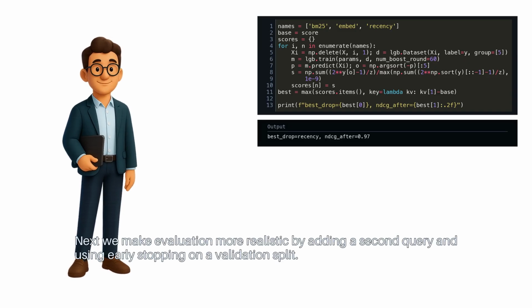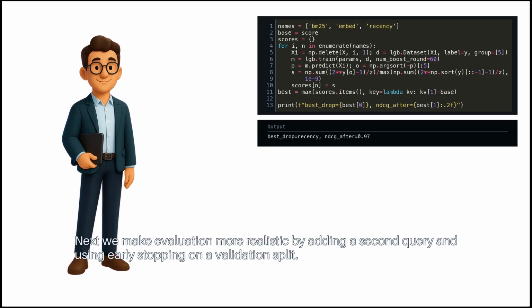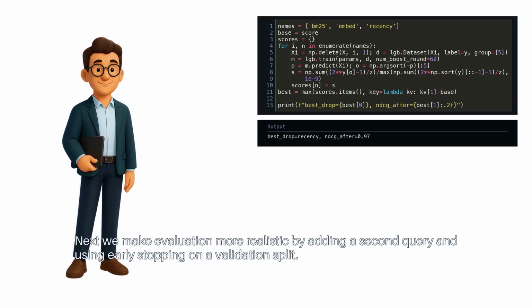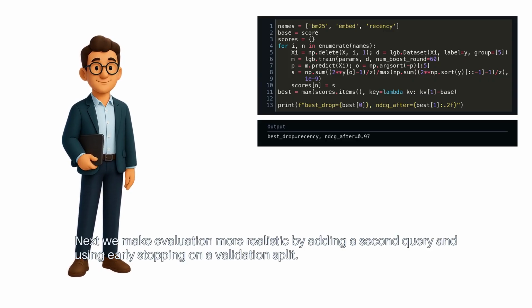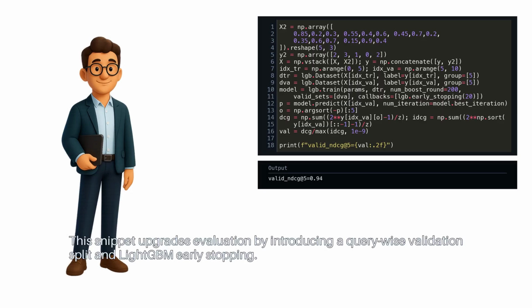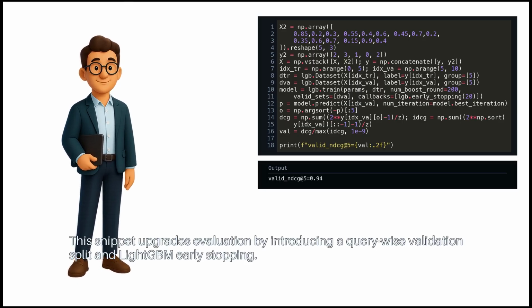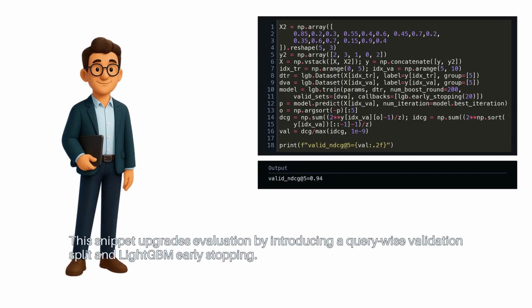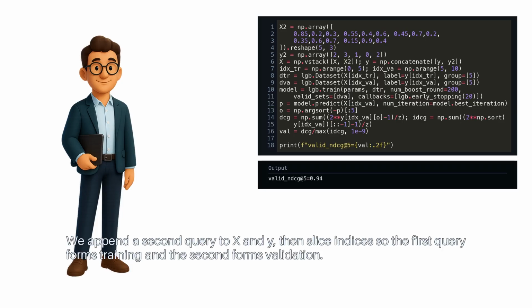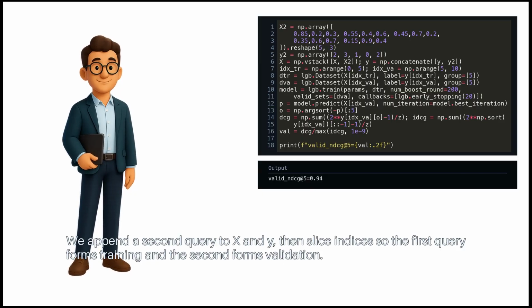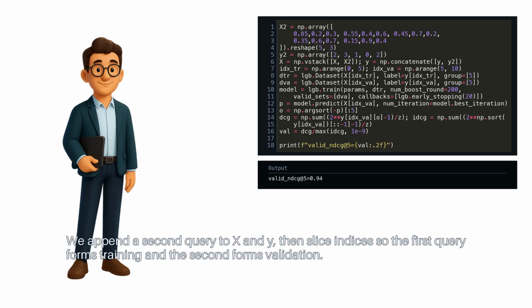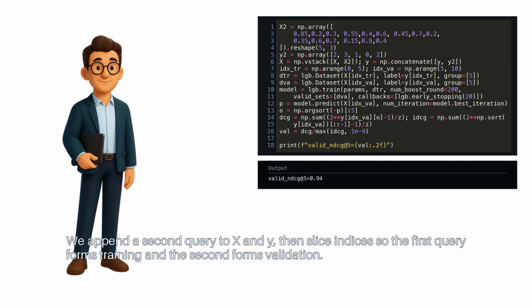Next, we make evaluation more realistic by adding a second query, and using early stopping on a validation split. This snippet upgrades evaluation by introducing a query-wise validation split and LightGBM early stopping. We append a second query to X and Y, then slice indices so the first query forms training and the second forms validation.